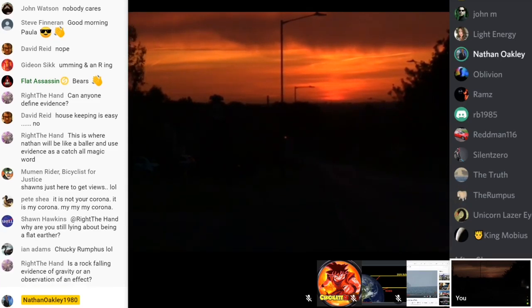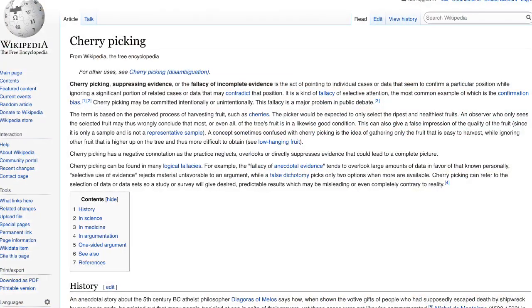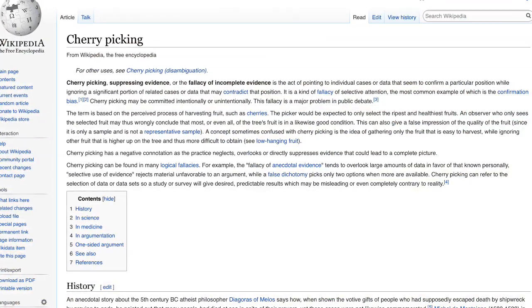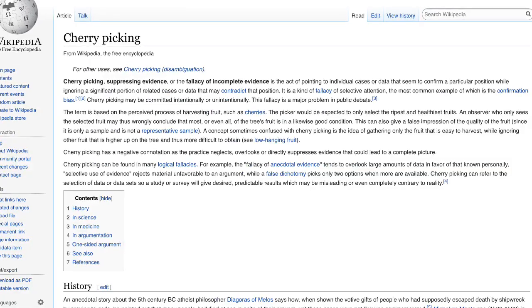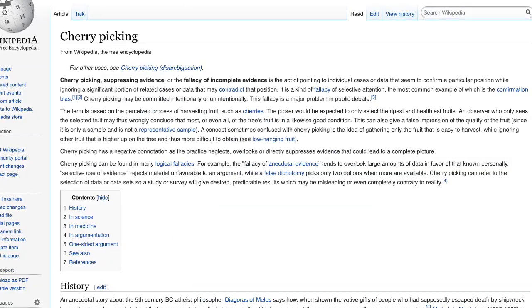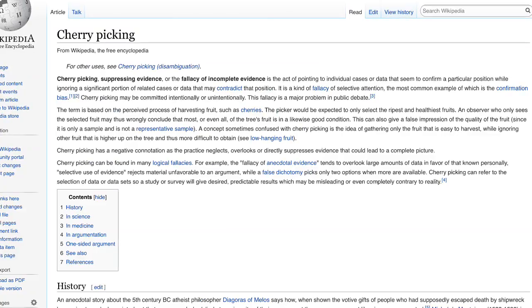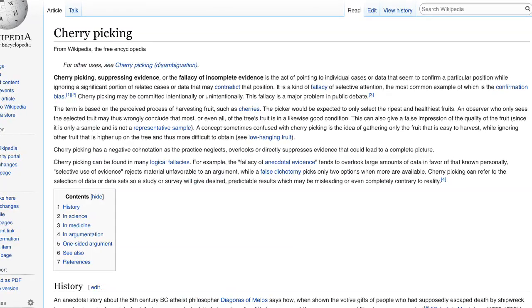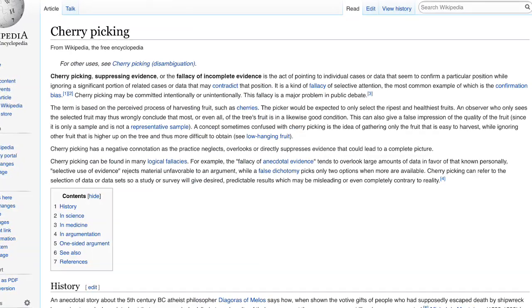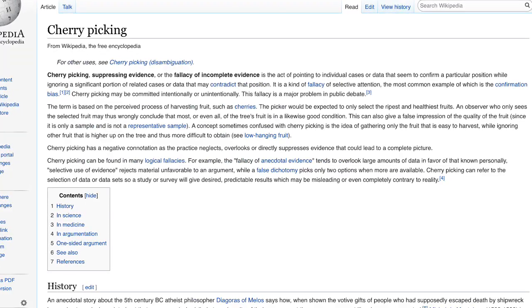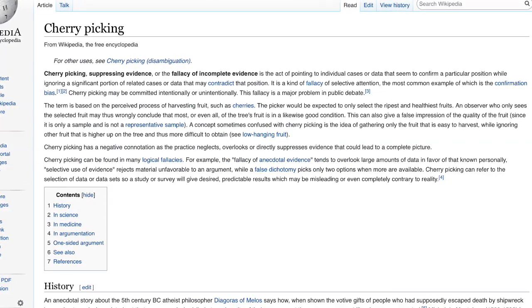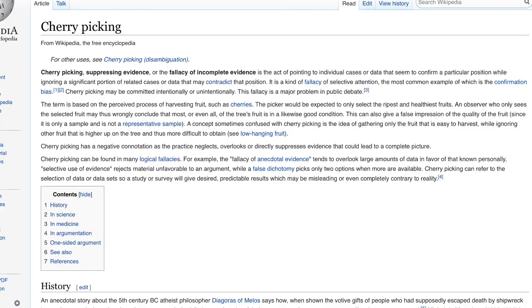Cherry picking, suppressing evidence, or the fallacy of incomplete evidence, is the act of pointing to individual cases or data that seem to confirm a particular position while ignoring a significant portion of related cases or data that may contradict that position.